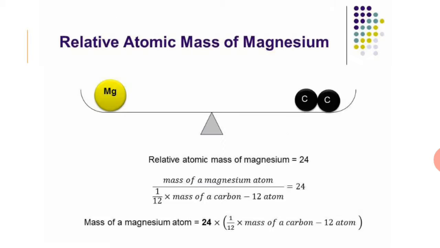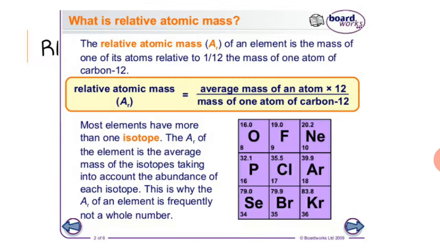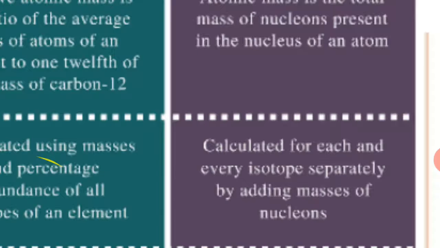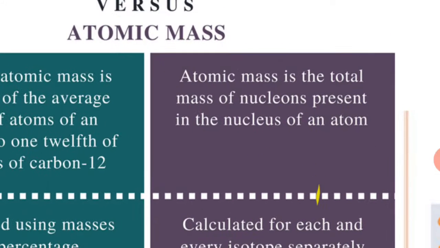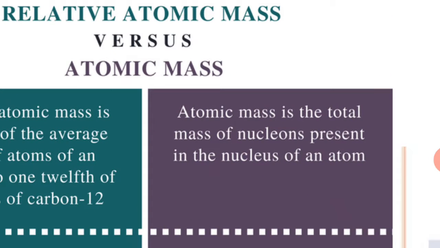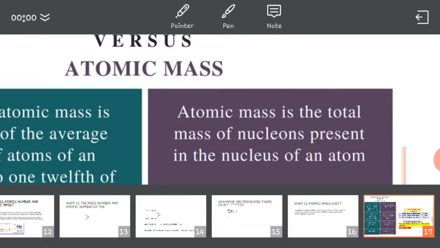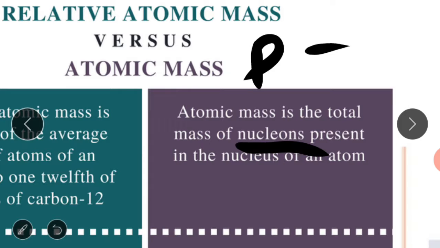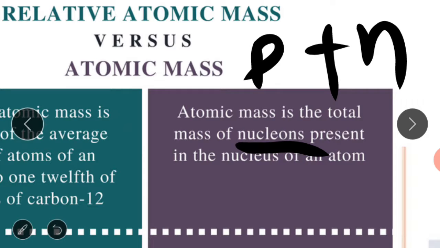atom. And one more thing I was thinking to tell you is the difference between atomic mass and relative atomic mass. Atomic mass is the total mass of the nucleons present in the nucleus. Nucleons are basically what? Protons plus neutrons.